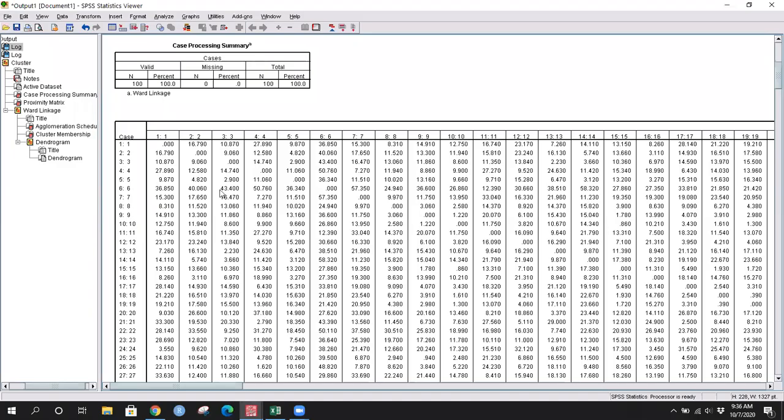So here, between the first person and the first person himself, obviously the distance is 0. Obviously you're true to yourself, and that means you're as close as possible to yourself. So that's a 0. However, the second person and first person have a distance measure of 16.79. That means that they are this much different.